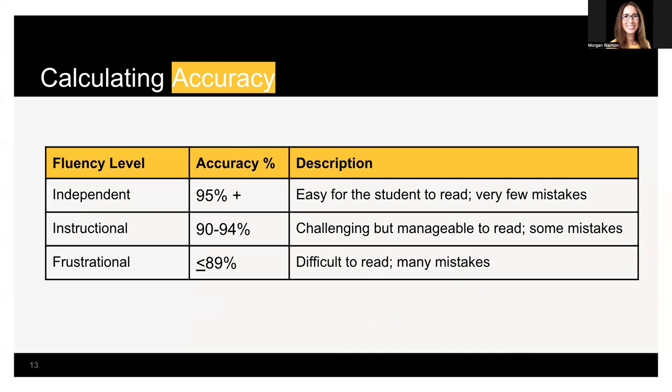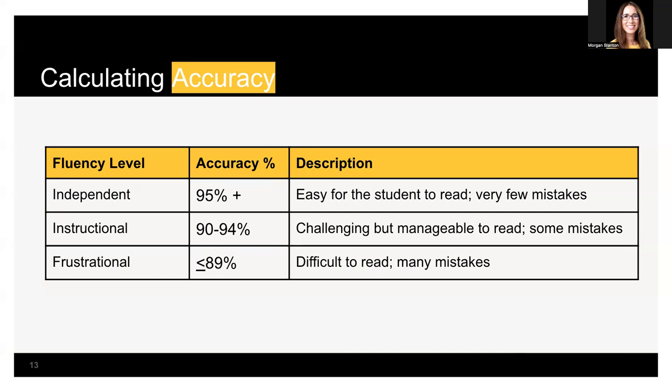Now, what that tells us is thinking about their fluency levels. How difficult was this passage for students? And so when we think about what they can read on their own independently, we really do want them to have 95% or higher when it comes to their accuracy. We want the text to be easy enough for the student to read on their own with very few mistakes.